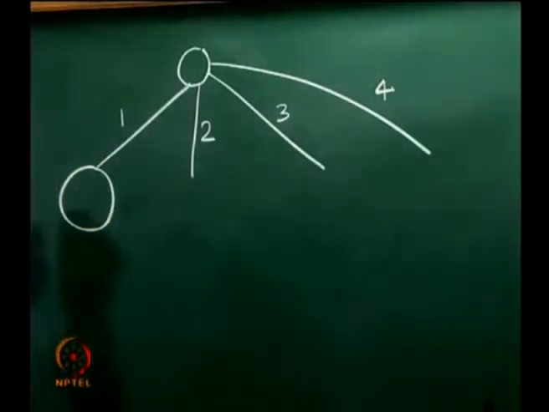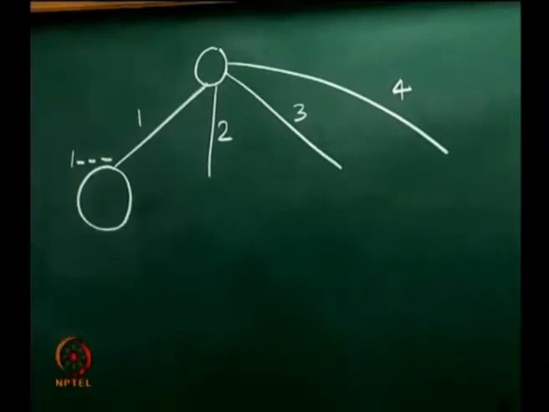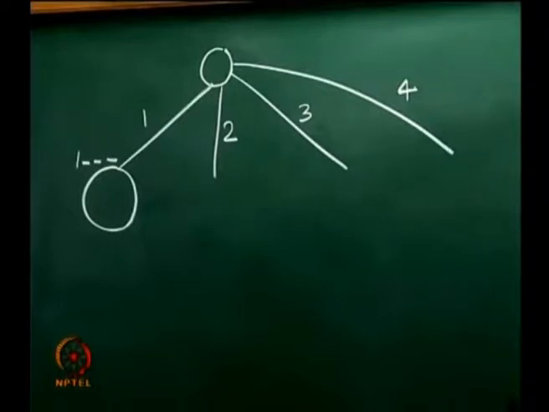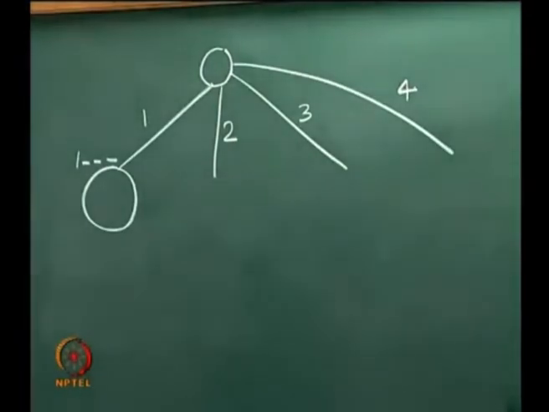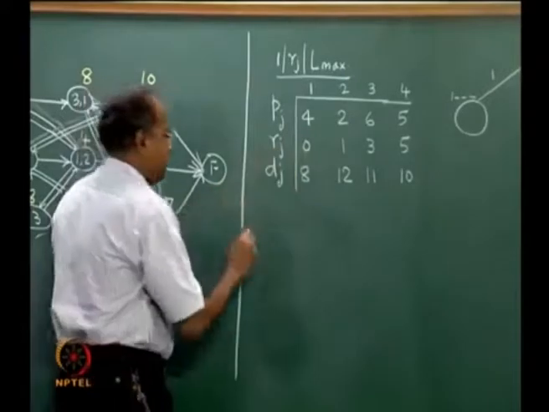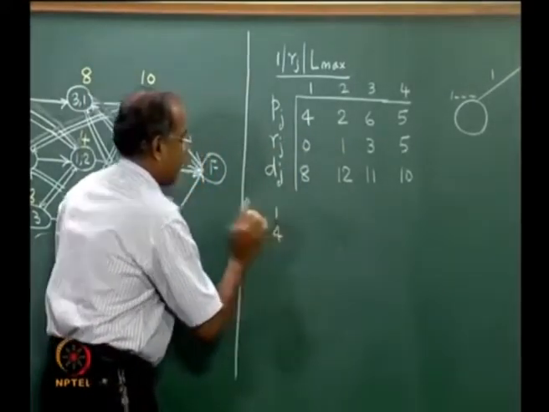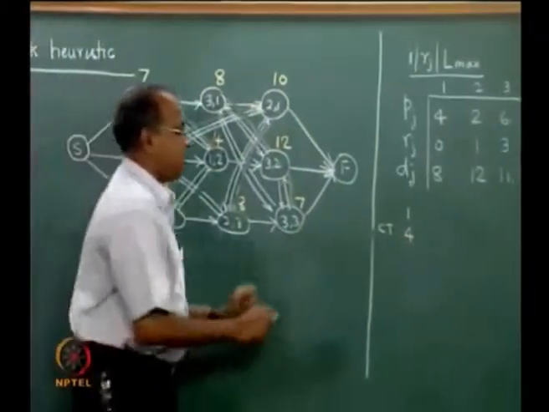So, this can be written as 1 * * *, where 3 other jobs will have to be now put in a certain sequence. So, we now start with job 1 as the first job. So, job 1 is ready at time equal to 4. So, job 1 completion time is 4, due date is 8.